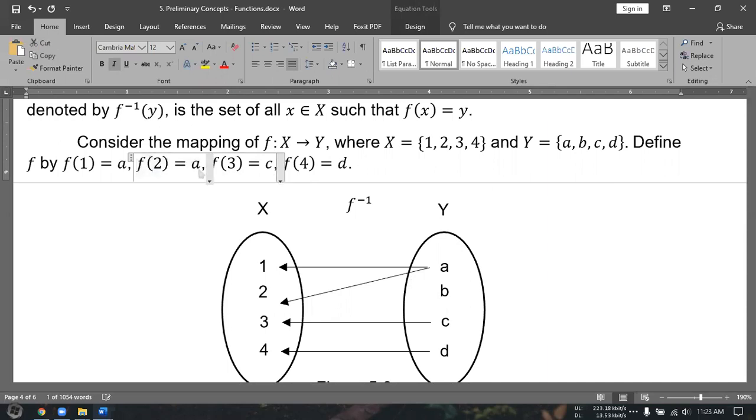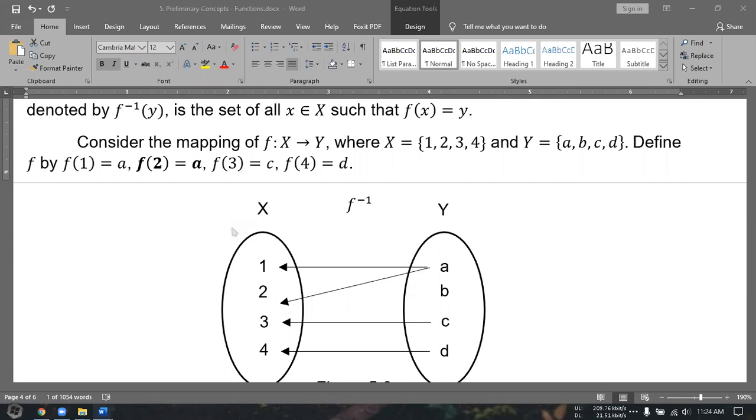Take note na, iba yung nakopya ko dito. Yeah, tama. Tama, Edward. That should be f of 2 is equal to a. Kaya nalito rin ako. So, ulitin natin. f of 1 is a. Okay, f of 2 is a. f of 3 is c. And f of 4 is d.